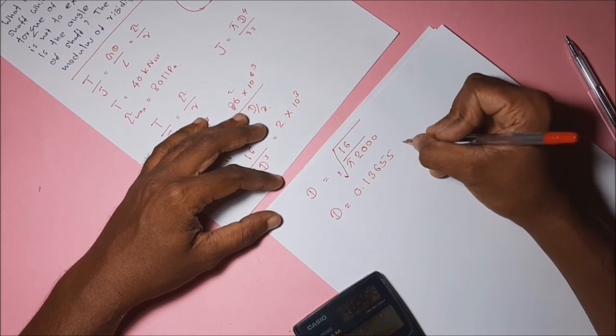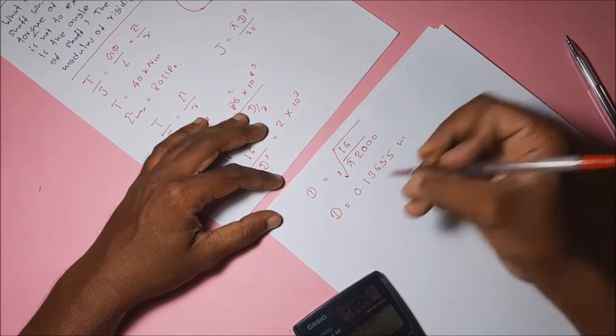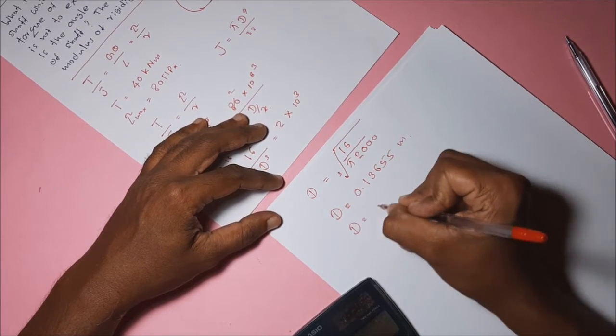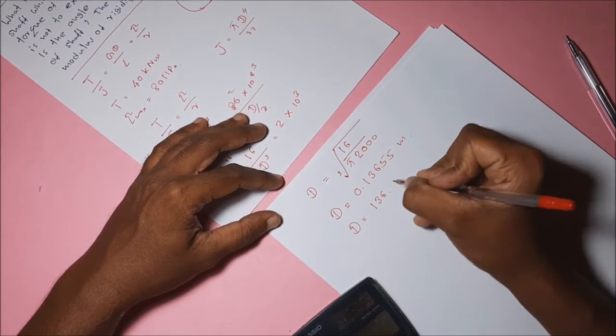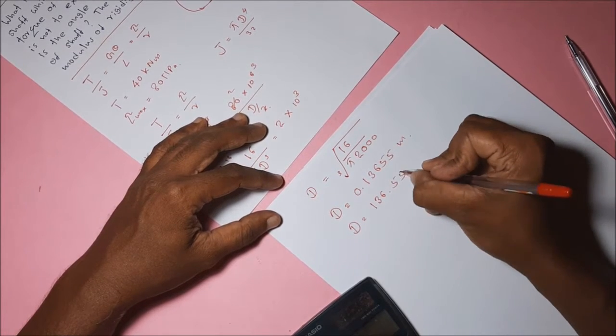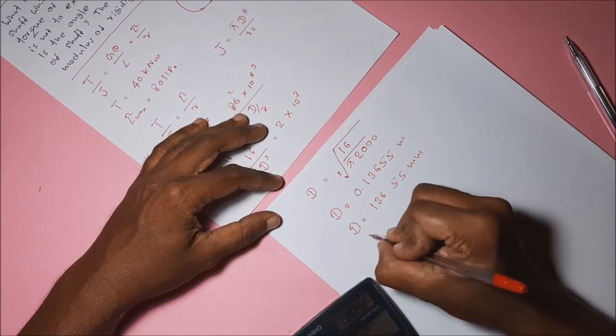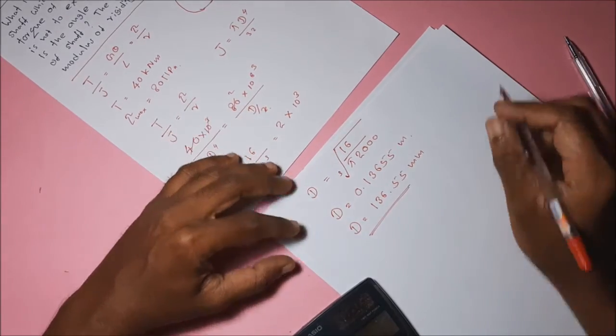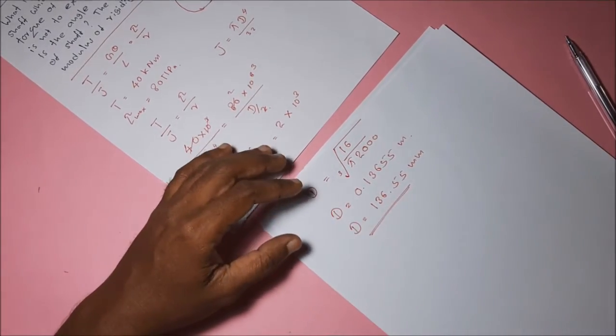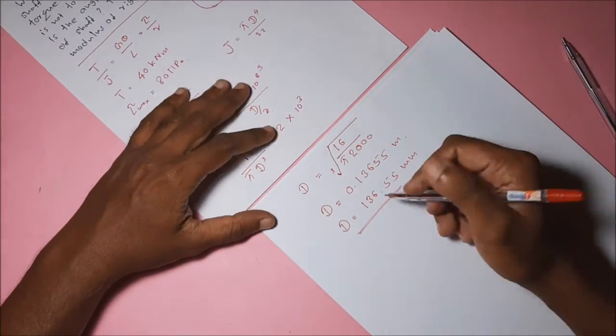That means in meters we are getting. So that means the diameter D is equal to 136.55 millimeters. This is the required diameter in a critical failure situation.